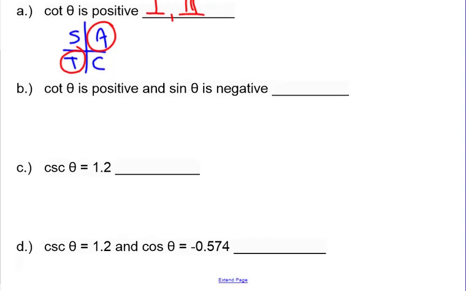Gotta be picky about that. Cotangent is positive and sine is negative. Cotangent is positive in quadrant I and quadrant III, but sine is negative in quadrant III and quadrant IV. So where both apply is quadrant III.